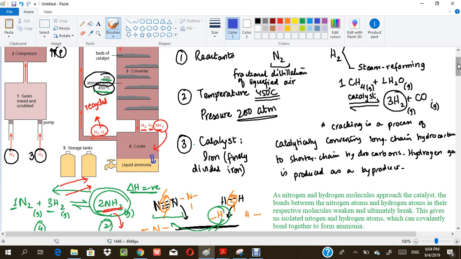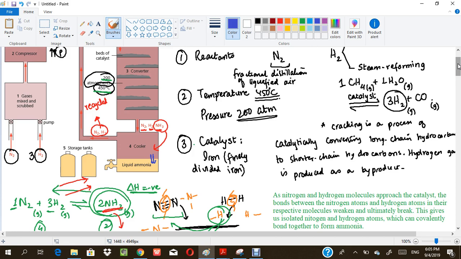So the protein synthesis of plants requires a high amount of nitrogen, and the source of nitrogen in fertilizers is generally ammonia. Ammonia is also used to make explosives, right? It's also used to make nitric acid, and we know that nitric acid has a lot of uses as well. So the uses of ammonia are given in your book. You can go through them, and it's pretty easy.